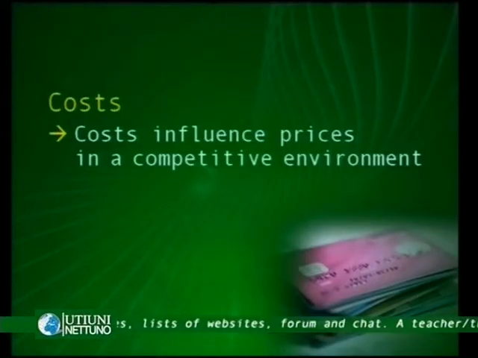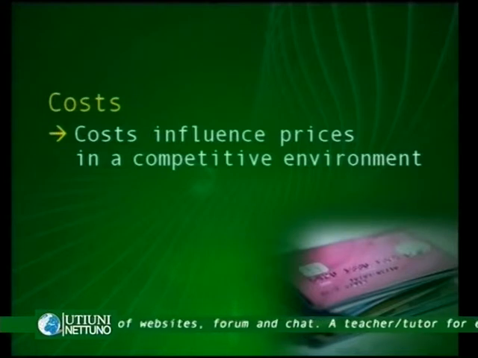Then there's costs, the final part of this triangle. Costs influence prices in a competitive environment. So if you have high costs, you have to get high prices. There's no way around that, and it means that you're constantly looking for opportunities on that.